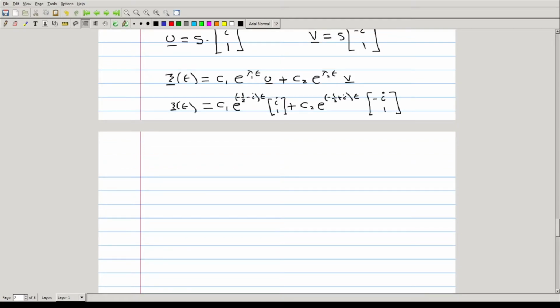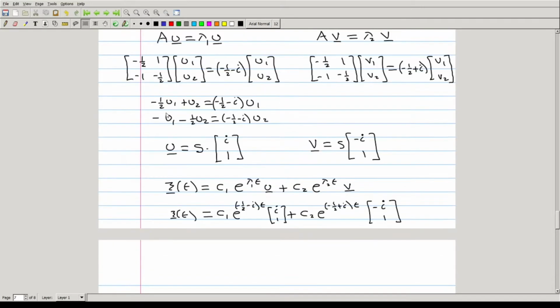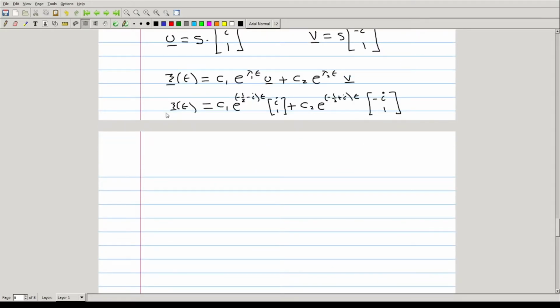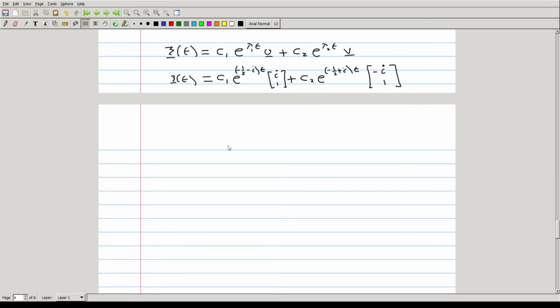Now, before going through and trying to simplify this, let's take a long, hard look at what exactly we have so far. So here we have two fundamental solutions.